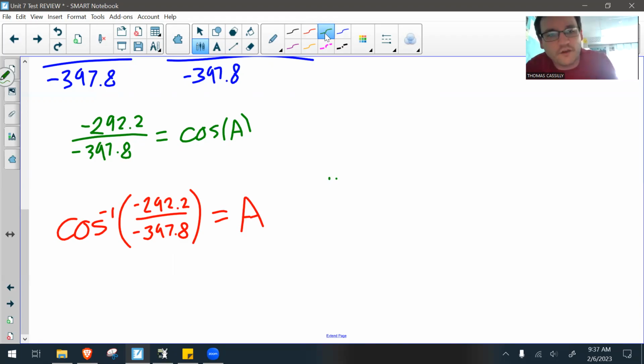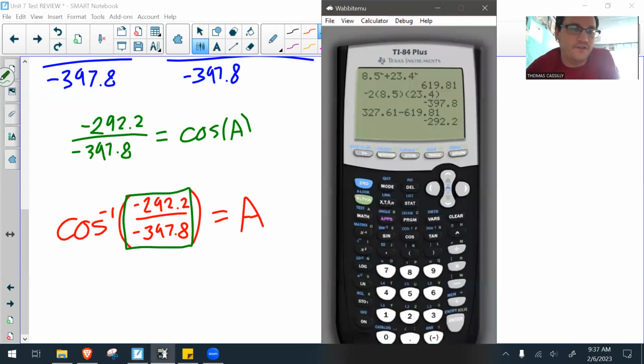Now every single time you take an inverse on a sine or on a cosine, this fraction that you have in the middle needs to be between -1 and +1. If you just type in this fraction, 292.2 divided by 397.8, that's a number between -1 and +1, which is what we want.